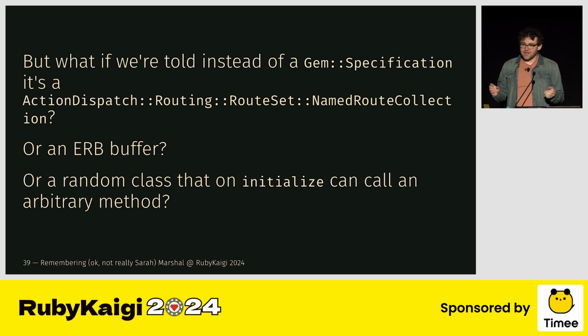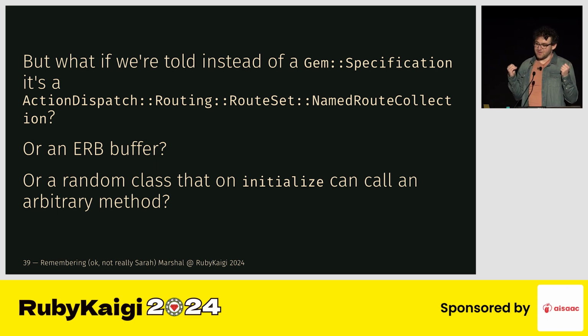If you deserialized a specially formatted document that contained an ActionDispatch::Routing::RouteSet::NamedRouteCollection, you could execute arbitrary code. This type of vulnerability took rubygems.org down for like a week back in the day. Really bad stuff could happen.